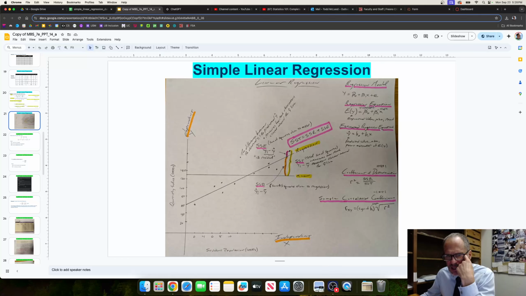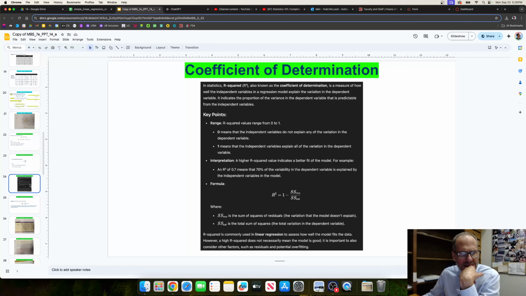And so it's a percentage. And what it measures is how well this linear regression line explains changes in the dependent variable based upon the independent variable.